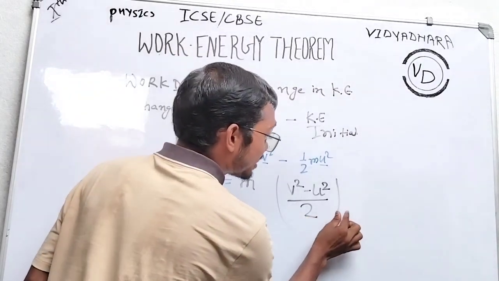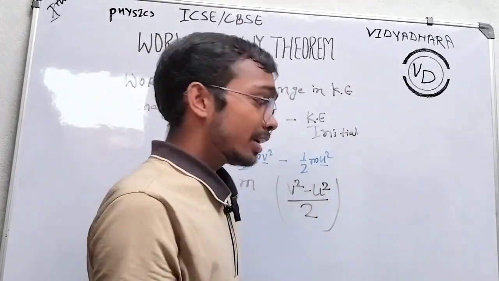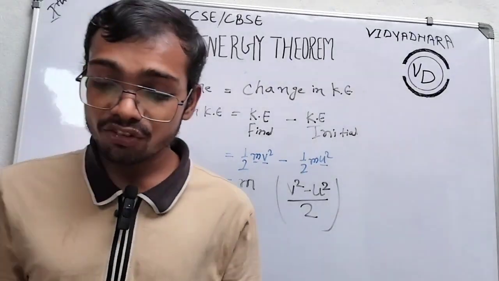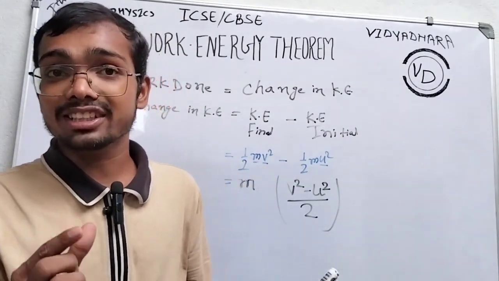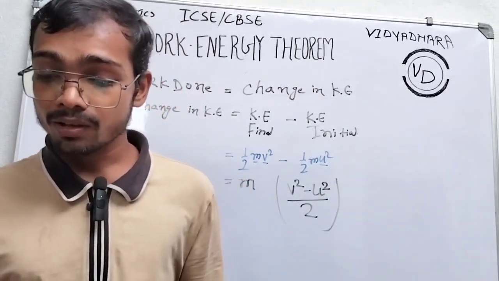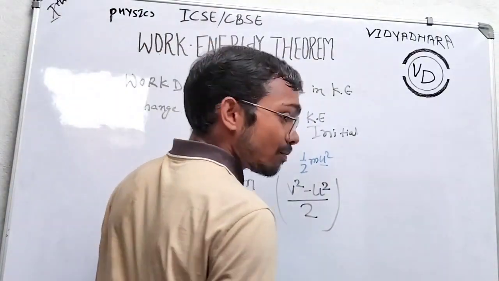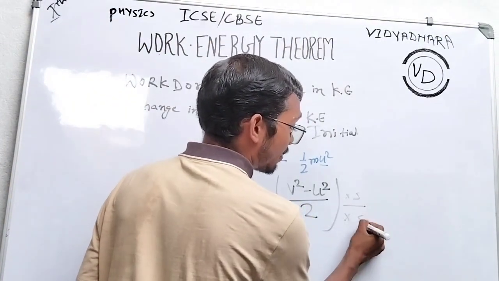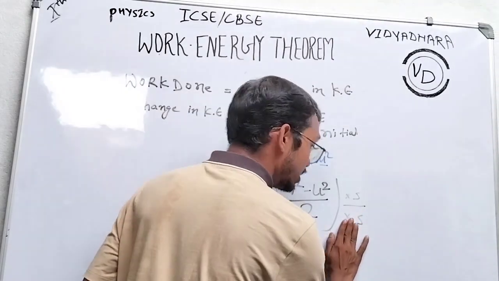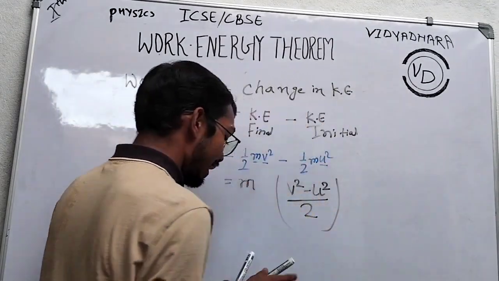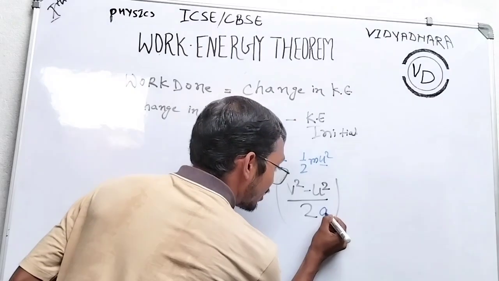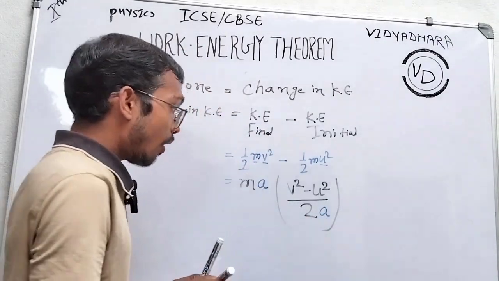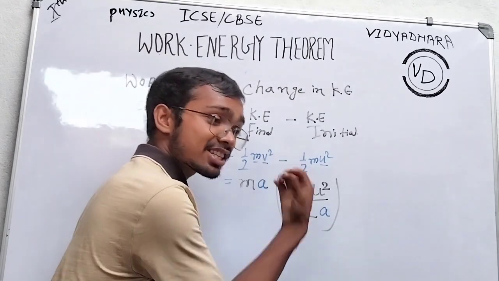For example, we can multiply the numerator by 5 and the denominator by 5. In a similar way, I am going to multiply by a in both numerator and denominator. Overall, this remains the same.